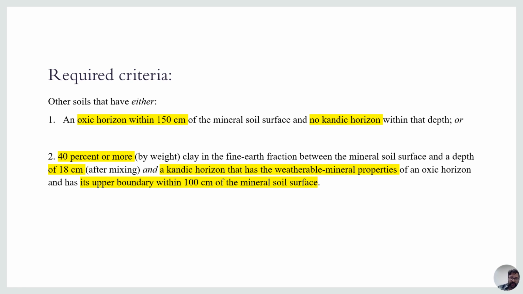So if I find an oxic horizon in the first 150 centimeters, it's one of the options to classify an oxisol, and the second one is to find in the first 100 centimeters a kandic horizon with soil properties that are quite close to the oxic horizon, and between the surface of the soil and 18 centimeters, I find at least 40% of clay.